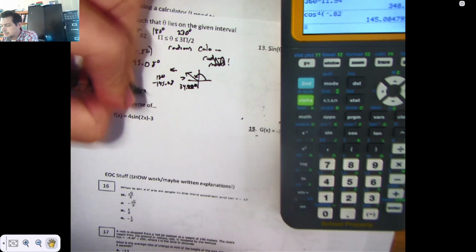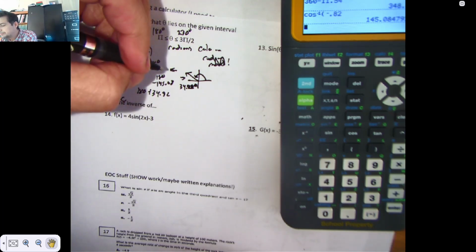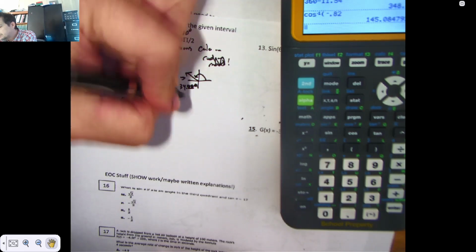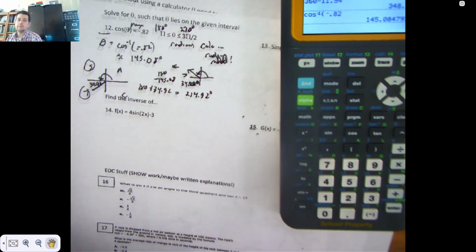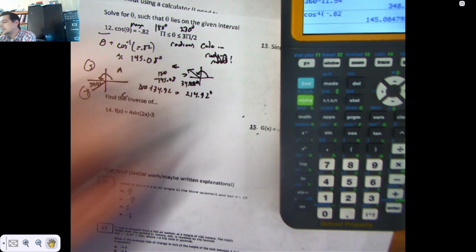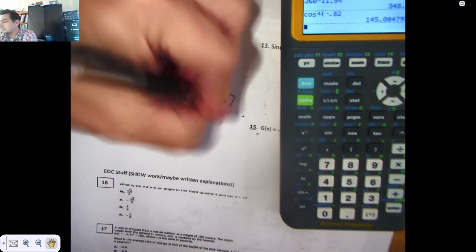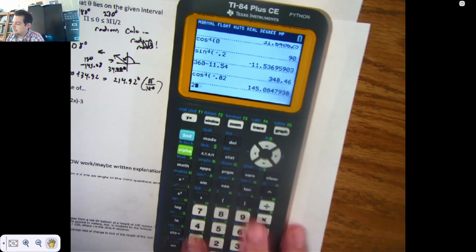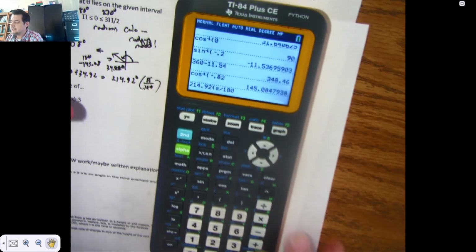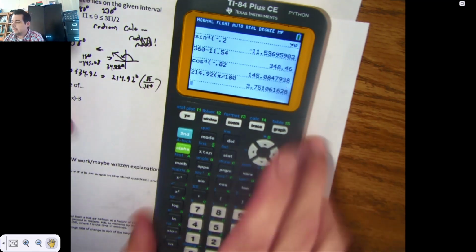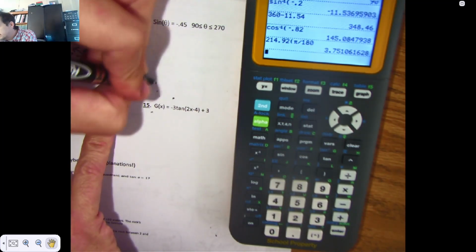So 180 plus 34.92 degrees, if I'm thinking right, is going to be 214.92 degrees. Now the issue is we have to be in radians, so I'm going to multiply it by pi over 180. 214.92 times pi over 180, and I get this ugly radian answer. It's about 3.75 rads.